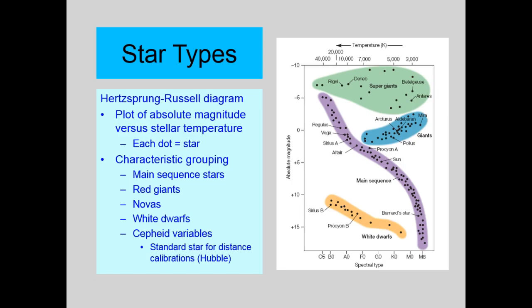Now, when they finally pass through their last stage, either here or here, then they collapse on themselves and become the white dwarfs. White because they're still incredibly hot, and it takes them long periods of time to cool off, okay?